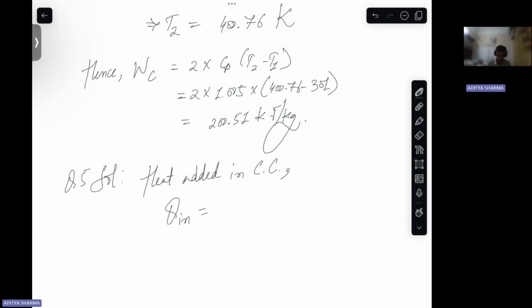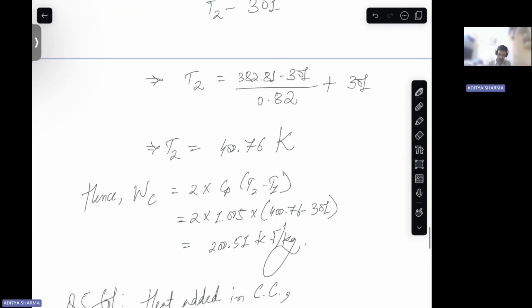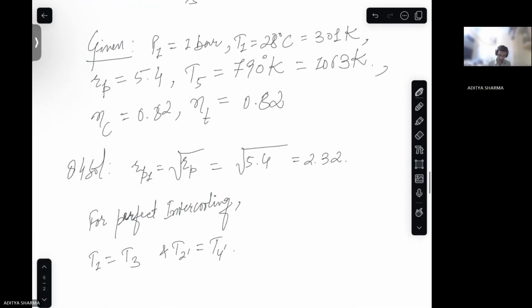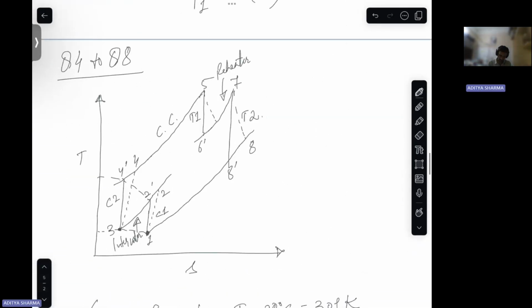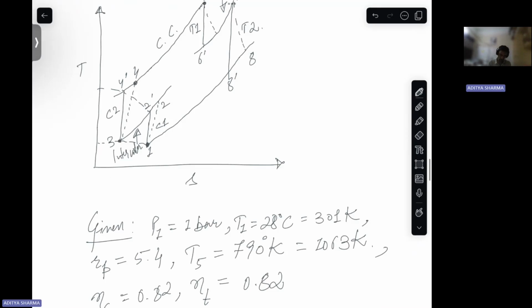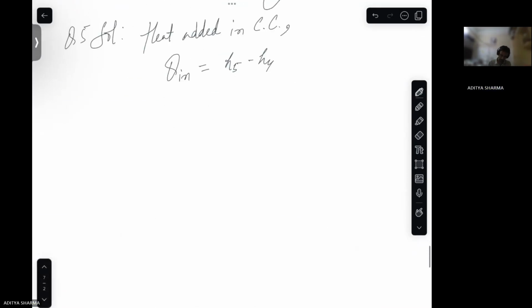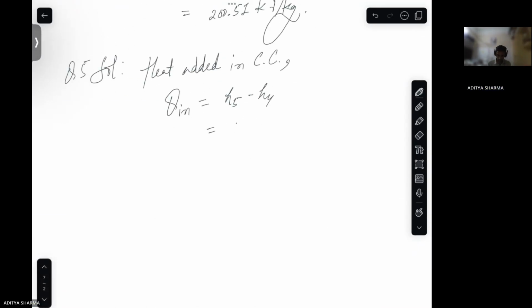Q in is equal to H5 minus H4. Please see the diagram. H5 minus H4. Now, this is Cp (T5 minus T4).